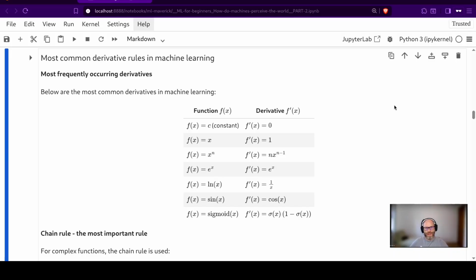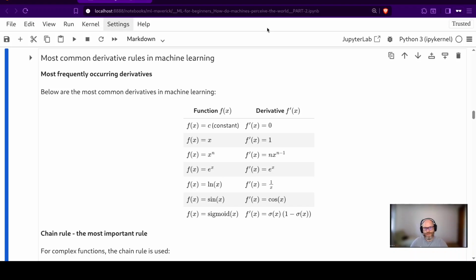Function f of x equals x to the n power, derivative f prime of x equals n times x to the n minus 1 power. Function f of x equals e to the x power, derivative f prime of x equals e to the x power. Function f of x equals natural logarithm of x, derivative f prime of x equals 1 over x.